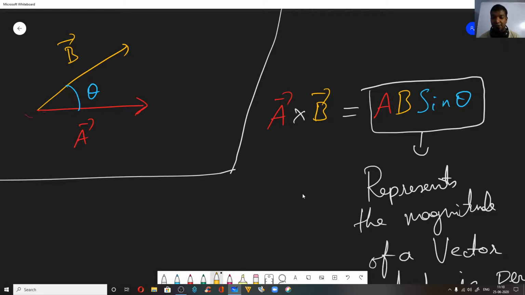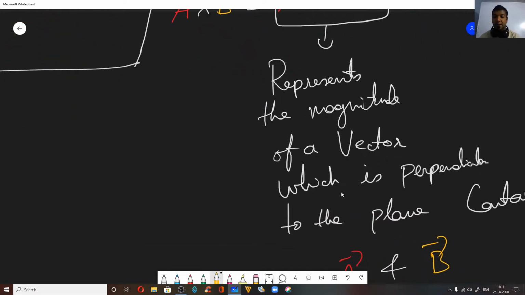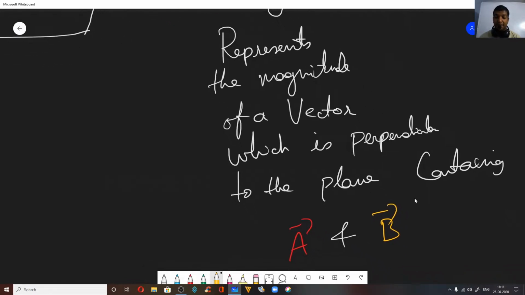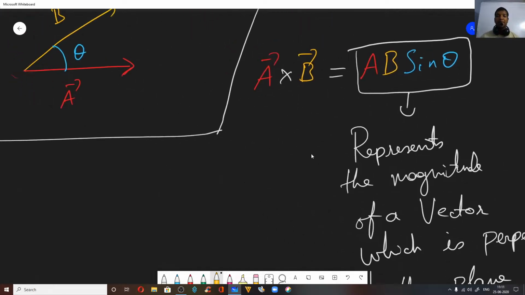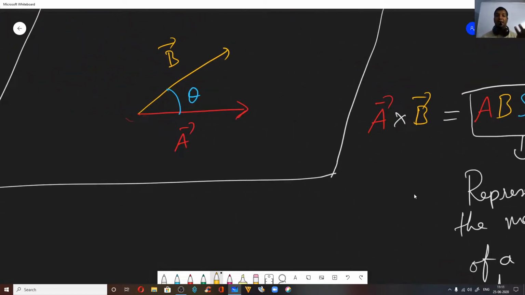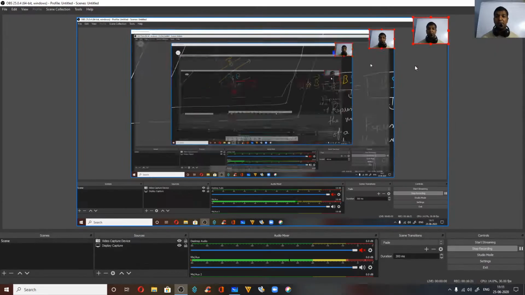It will be perpendicular to the plane containing A and B. Now you can ask: if you consider a plane, you can consider two directions which are perpendicular. For example, if I hold this plane here, I have two perpendiculars.